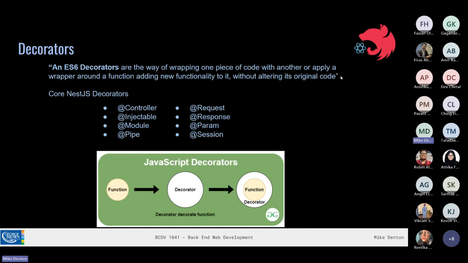I have to require it everywhere, and it's a lot of pain to do that sometimes throughout your application. If you mark it with an injectable decorator, then you can actually import it for the whole context of the app, right? So the framework will know what to do with it if you add that decorator. It's basically taking your JavaScript code and functionality and wrapping it in Nest functionality.